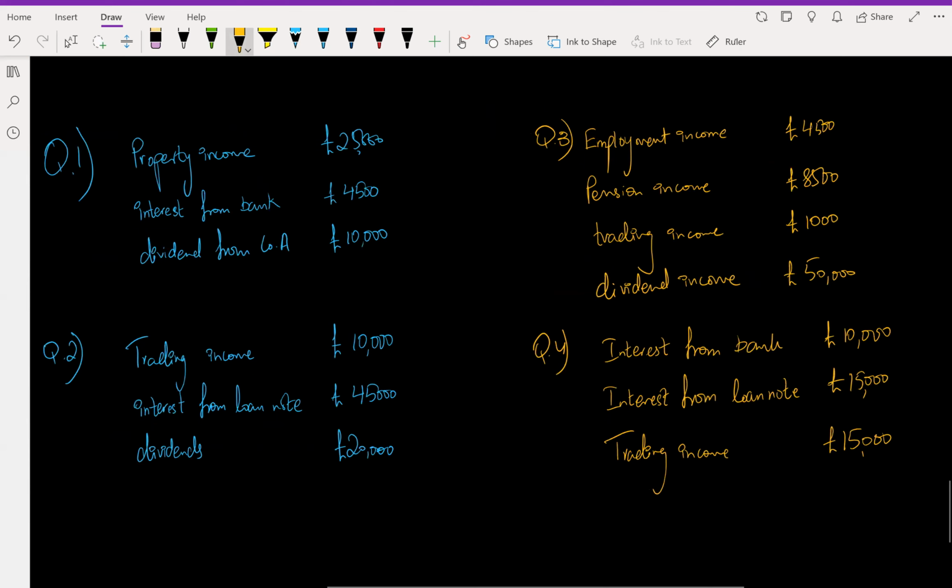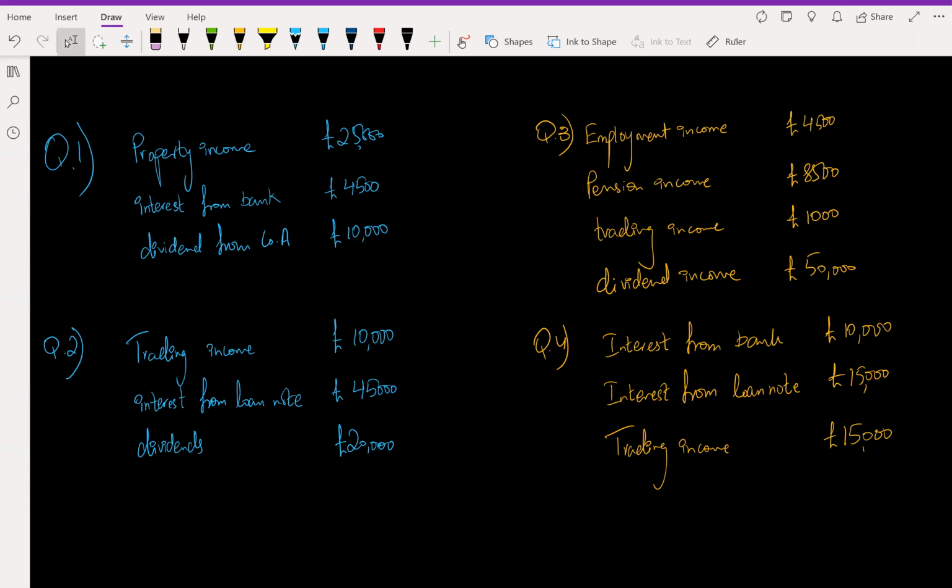All right, try these 4 questions, guys. The requirement is for all 4 of them. Calculate taxable income. Okay. For all 4 of them, calculate taxable income.